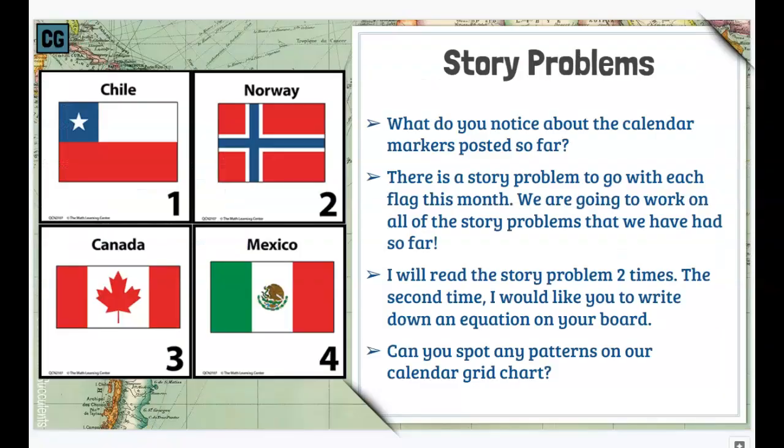Now this month for our calendar grid, you may have started to notice that our calendar markers are all flags of different countries. I want you to look at the 4 calendar markers we've posted so far. What do you notice about these flags?